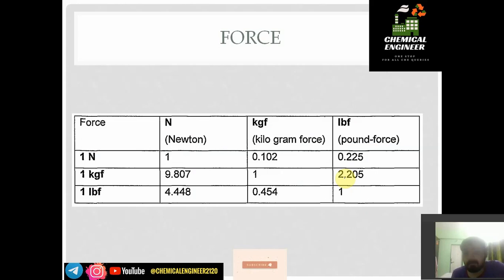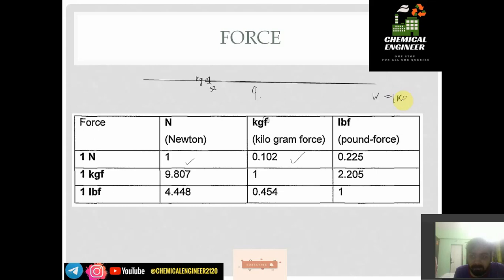Now force. Many of you might have confusion in this, like 1 Newton to 1 kgf. What is Newton? Newton is kg meter per second square, while 1 kgf is the force on 1 kilogram. 1 kilogram means weight equal to 1 kg.